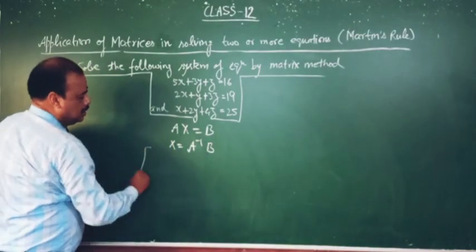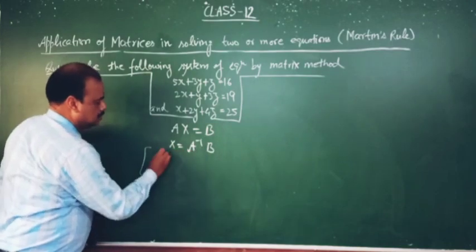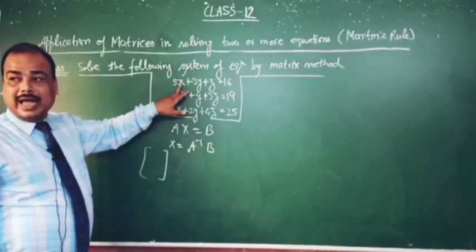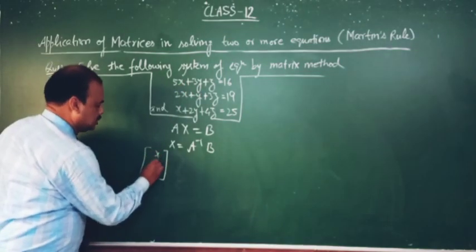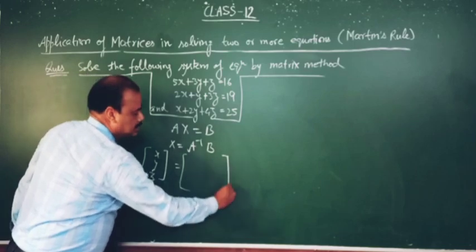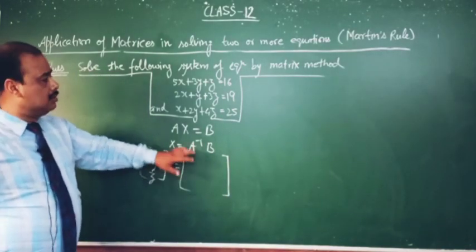X is the variable matrix in which there are three variables x, y, z. A is the matrix of coefficients.